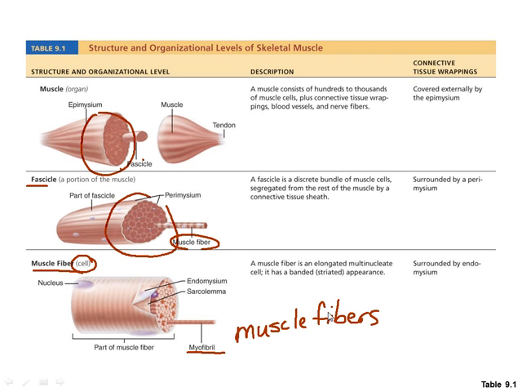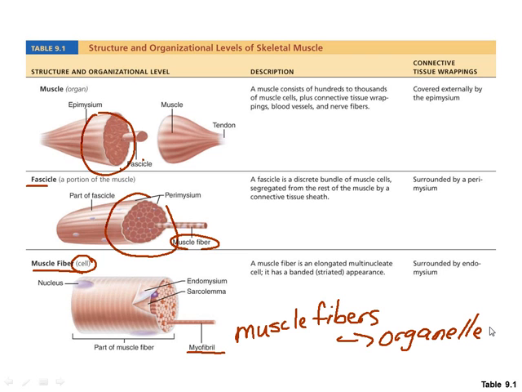These myofibrils are actually what contract, okay? You have hundreds of little myofibrils per muscle cell. It's like an organelle. And these are what contract, causing the muscle cell to contract. When that muscle cell contracts, the whole muscle contracts. And we're going to talk about how that works.